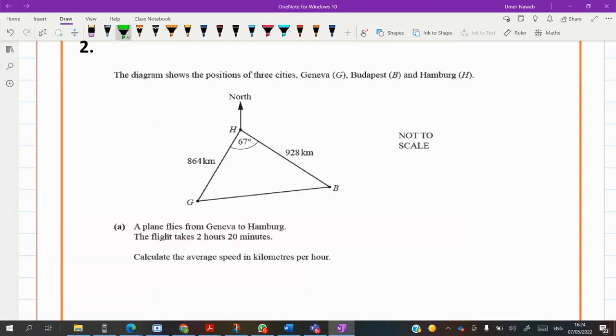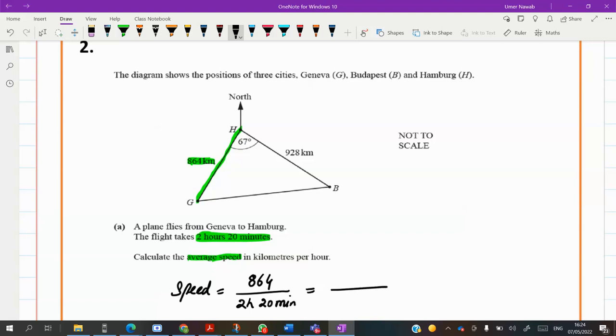The plane flies from Geneva to Hamburg. The time is given to us, and the distance is given to us, and he is asking for average speed. The speed formula is already known to us: distance divided by time, 864 over 2 hours and 20 minutes.